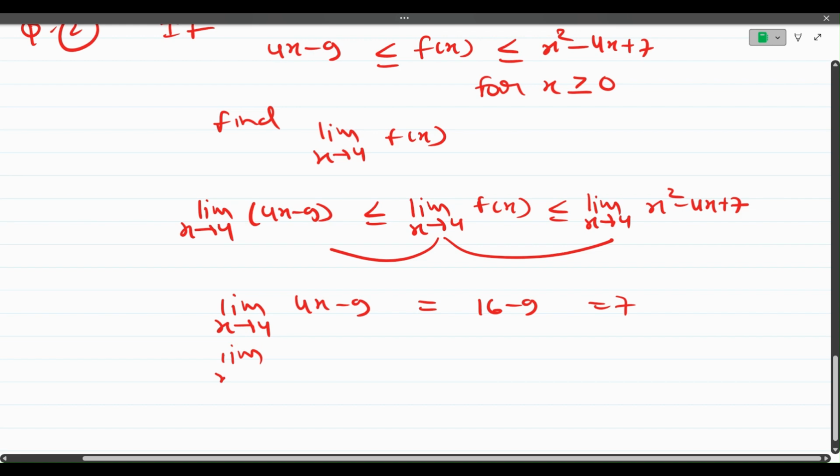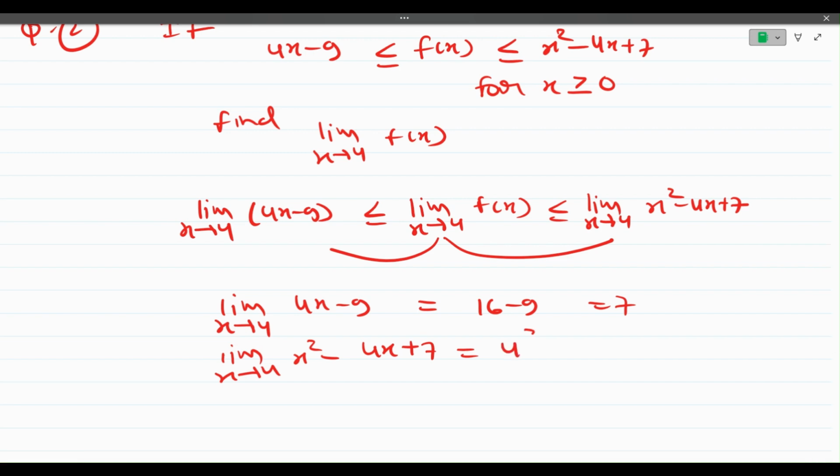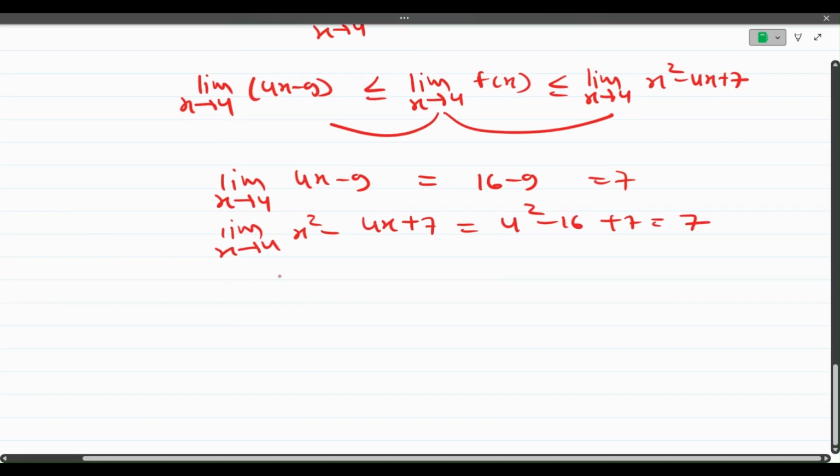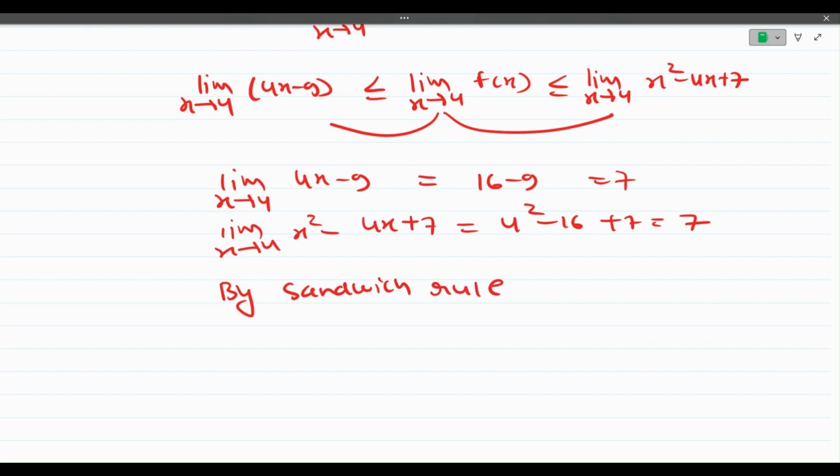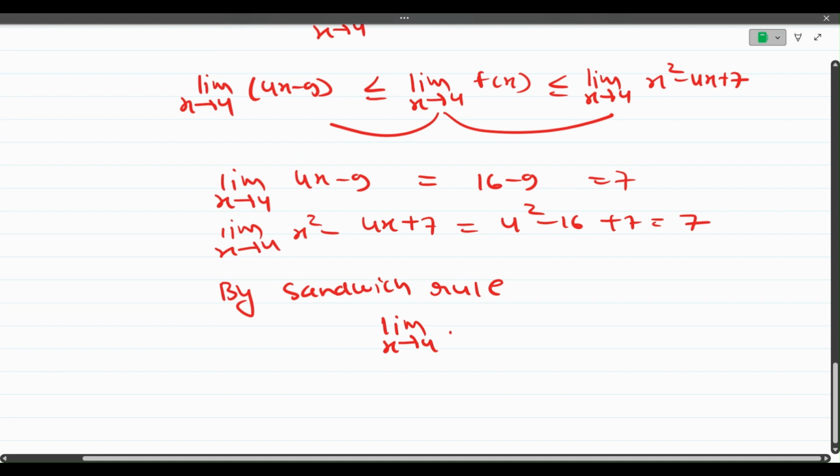And the limit as x tends to 4 of x squared minus 4x plus 7 is 4 squared minus 16 plus 7, which gives you the same result, 7. So if they both tend to 7 as x tends to 4, by the sandwich rule we can say that the limit as x tends to 4 of f of x is equal to 7.